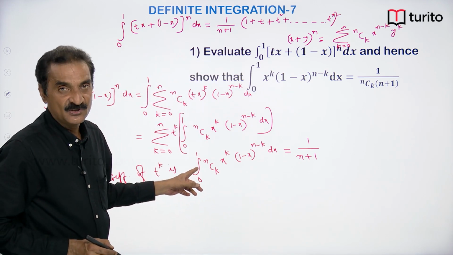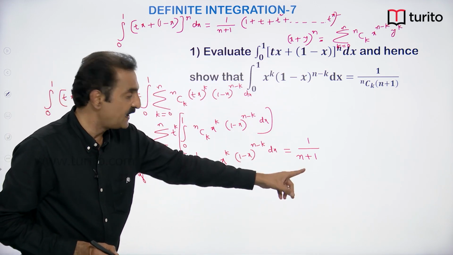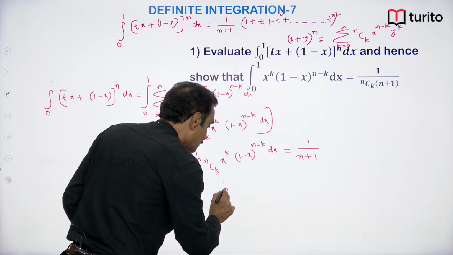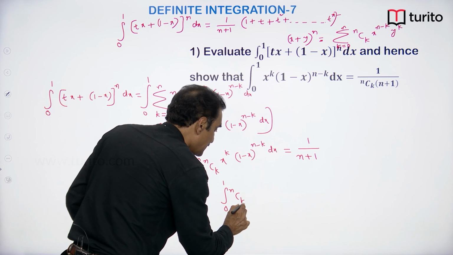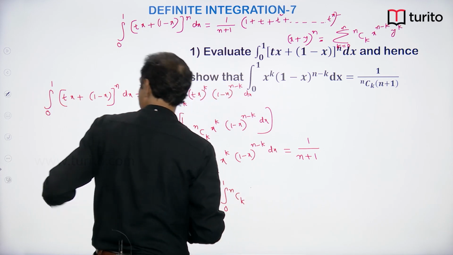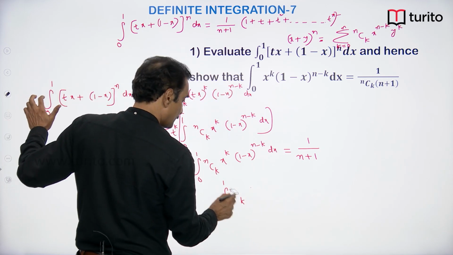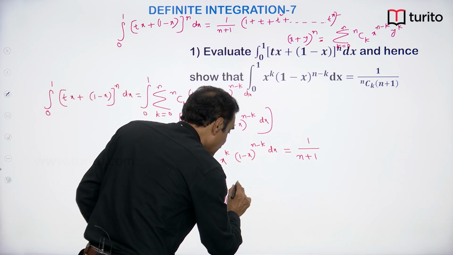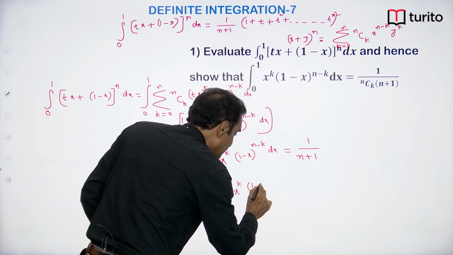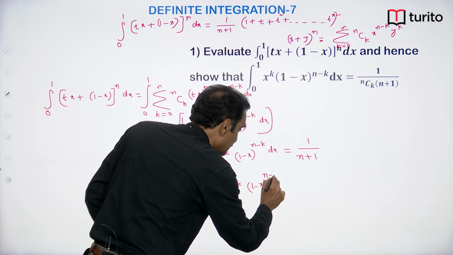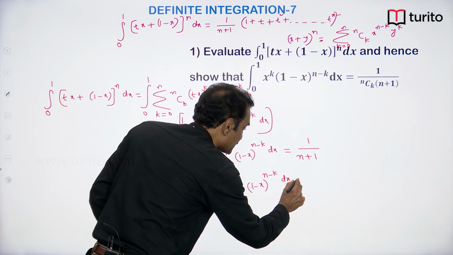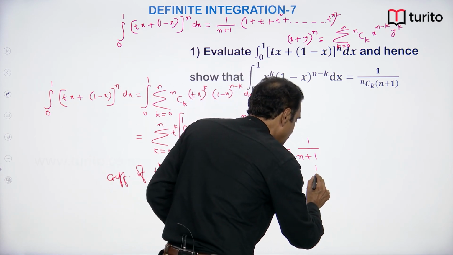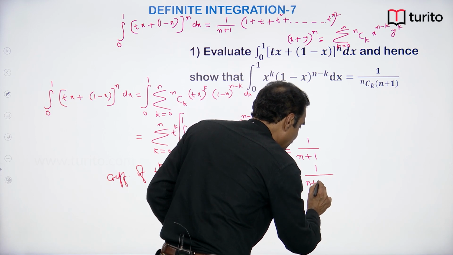Now nCk is constant independent of x, so dividing both sides by nCk we get integral 0 to 1 x power k into (1 minus x) whole power n minus k dx is equal to 1 by (n plus 1) into nCk.